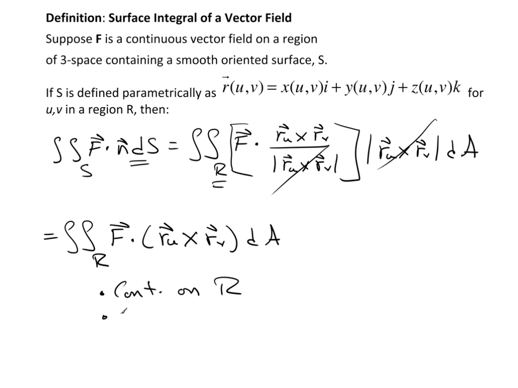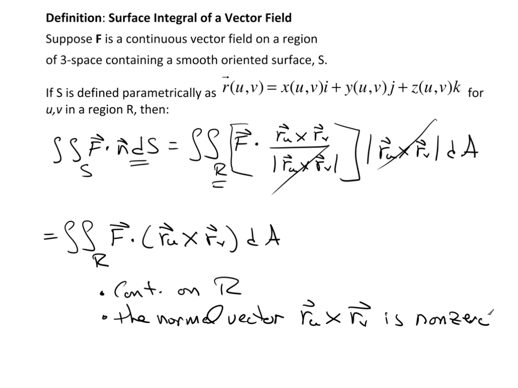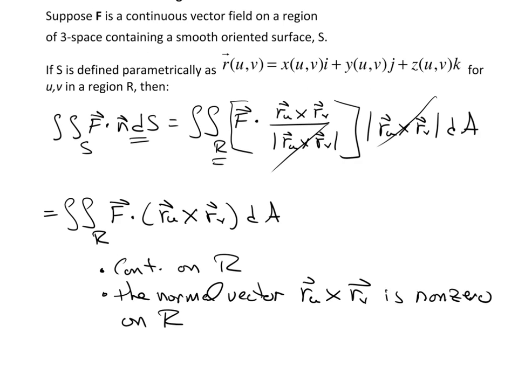The normal vector, the partial of r with respect to u cross the partial of r with respect to v, is non-zero on R, that same region.